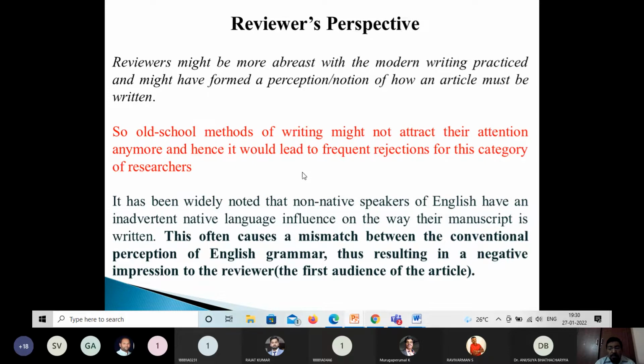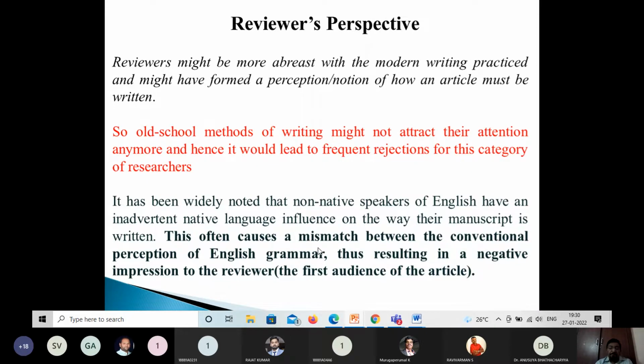And one more point which leads to frequent rejection is, again, the English grammar. We need to highlight this because we are not native speakers. Let me highlight this point again.